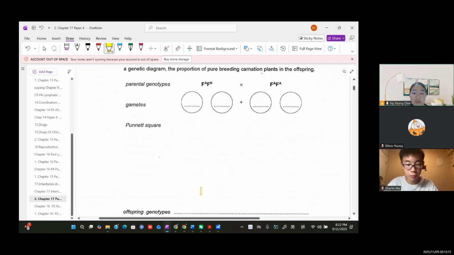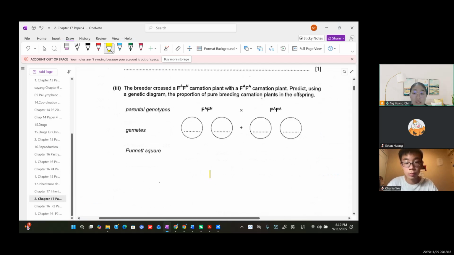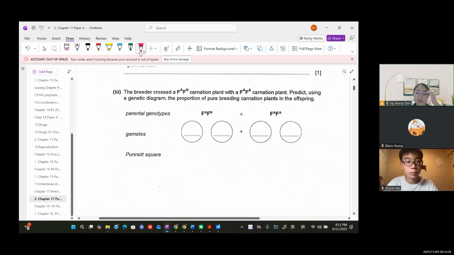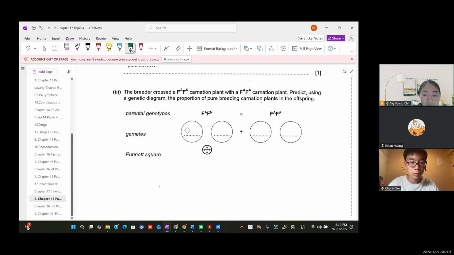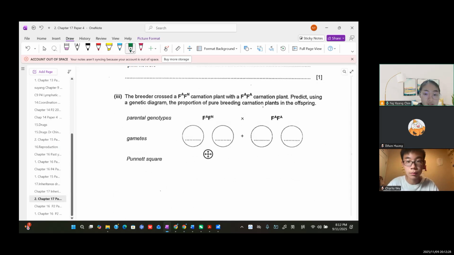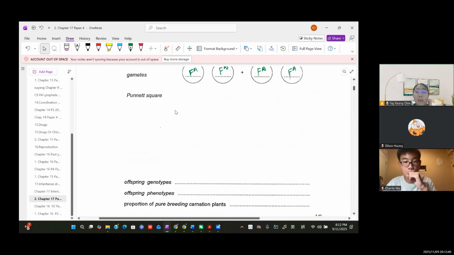And then that's why you still need to draw the genetic diagram. So just like, okay, how are you able to draw? Very simple, just copy down the gametes, okay? Just copy down the gametes, like this, okay? And then you have this one. And then now you need to do the Punnett square.